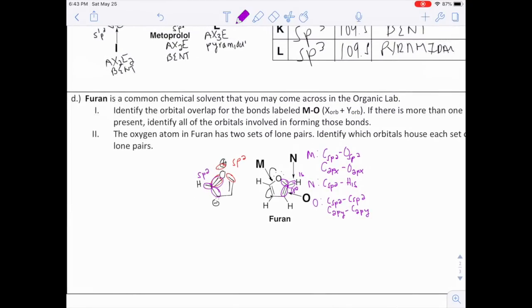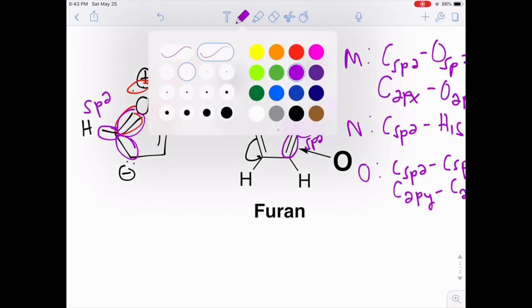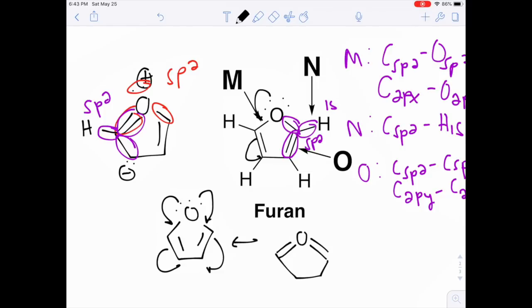Okay, so now, someone might say, why is it that I couldn't resonate the other lone pair on the oxygen to the right and get an sp center? There's an issue with why I can't do that, and I will show that right here. If I were to resonate this in and push those up, and then resonate these in and push those up, the resonance structure for that would be something that looks like this.